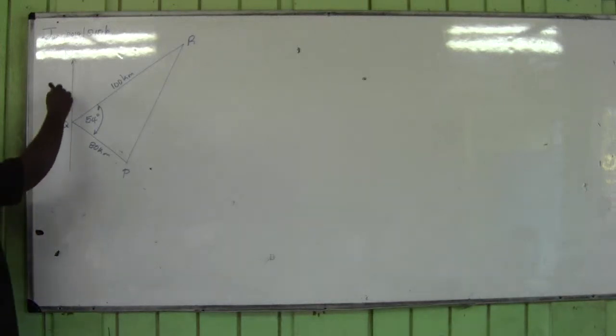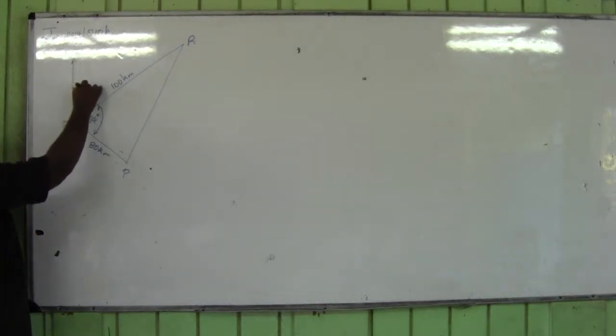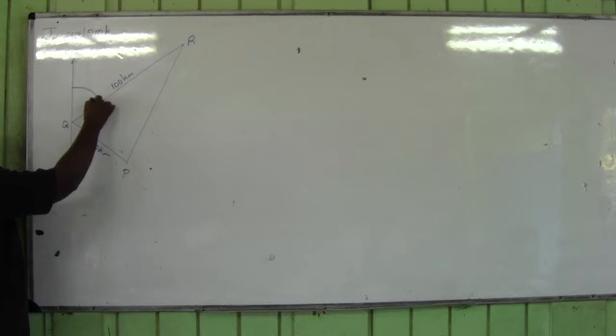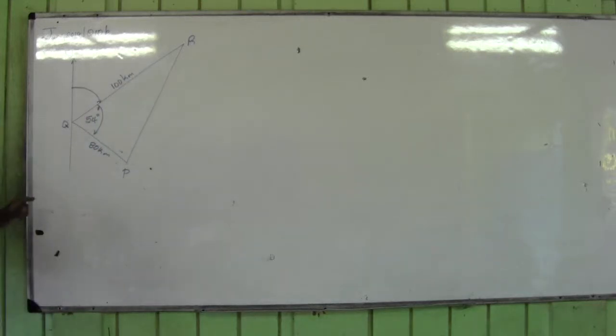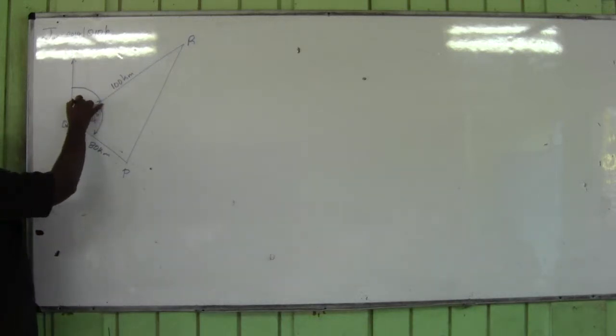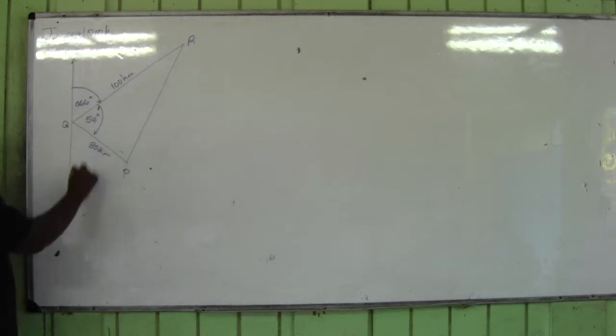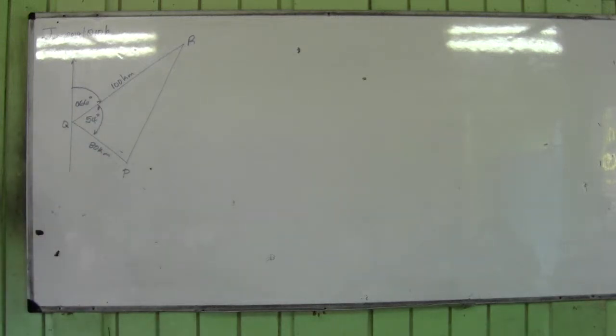Then start from north and come around to the line connecting Q and R. This angle is the bearing of R from Q, and this angle is 66 degrees.